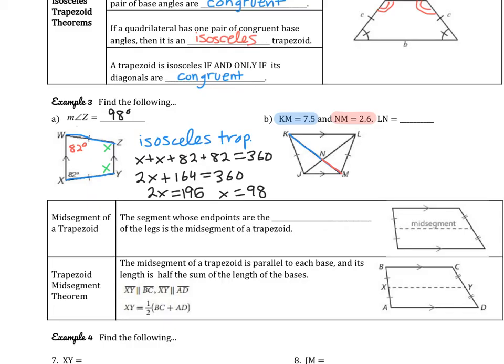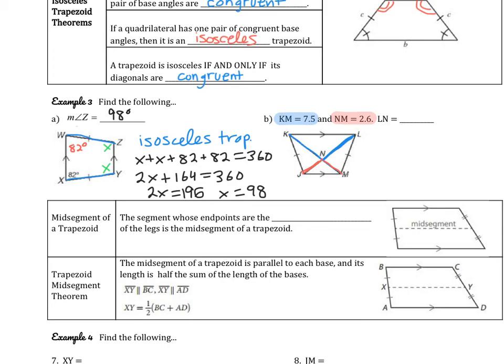Since it is an isosceles trapezoid, and I know that because these two legs are congruent, the two diagonals are going to be congruent, and I can also conclude that JN is going to be congruent to NM, and KN is going to be congruent to NL.